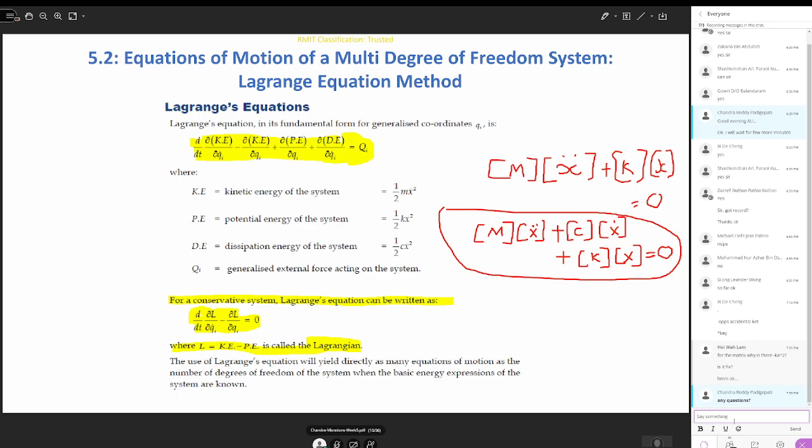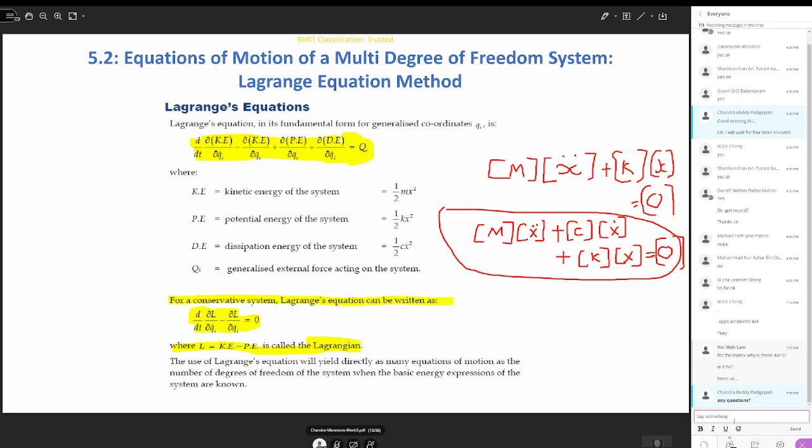So this 0 can also be written as a matrix, because if you have 2 degrees of freedom, then you have 2 by 2 matrices. Every term is in matrix format. So this will be a 0 matrix. If you are dealing with a forced vibration, then this matrix will be a force matrix.